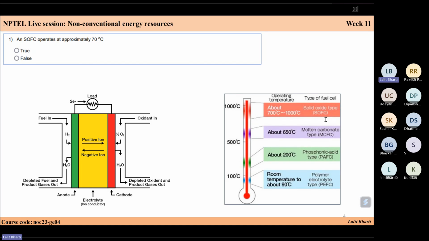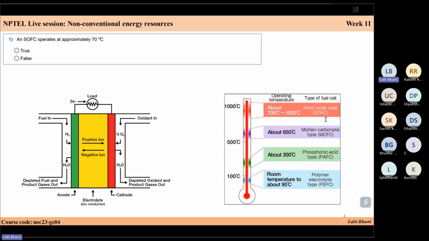This is our first question on fuel cells. So what is a fuel cell? We have already seen the mechanism of a battery, which is a storage device that stores electrical energy in the form of chemical energy, and when you require the energy, you can convert it again into electrical energy. A fuel cell is also an electrochemical device.